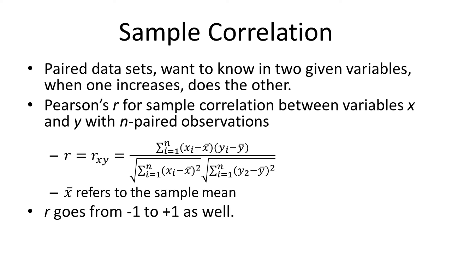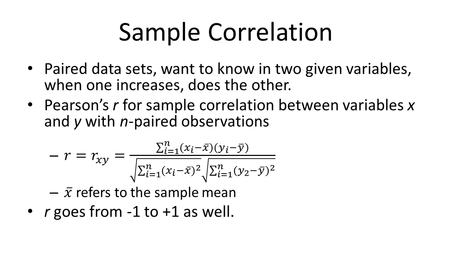So Pearson's r, from the same guy, is the sample correlation between variables x and y with paired observations. So basically, if you took, for instance, spike rate for one neuron and spike rate for another neuron as stimuli are presented, you can see if they're actually correlated, if they increase at the same time or decrease at the same time.